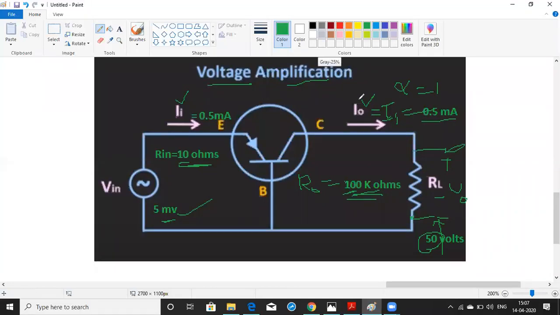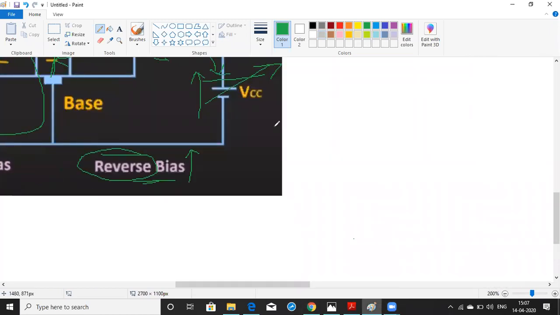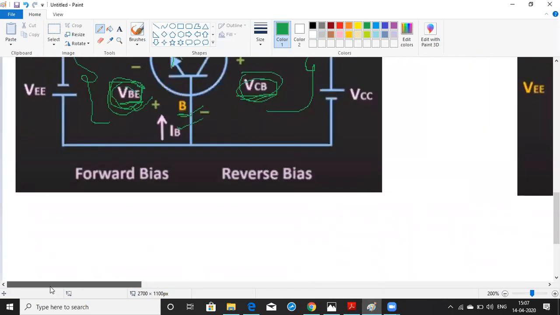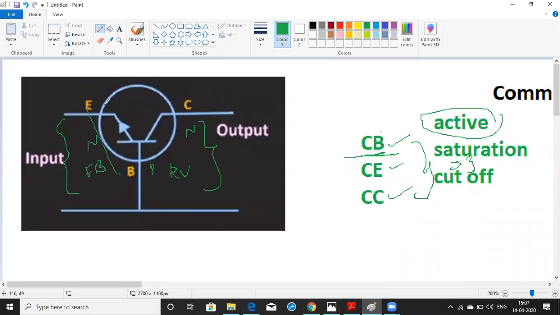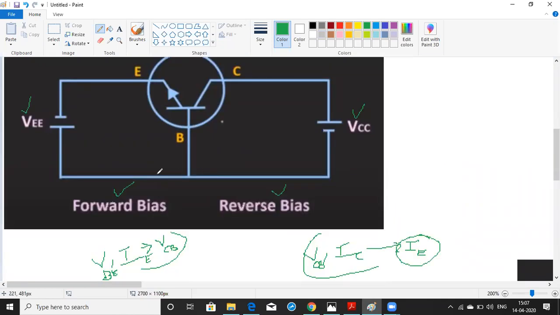If you have any doubts, I have already opened a chat box, and you can discuss in the chat box. In this class we discussed the common base configuration, its input and output, and how to operate it in the active region.